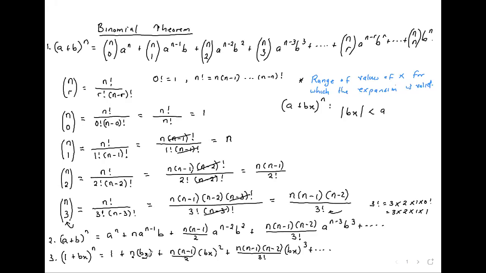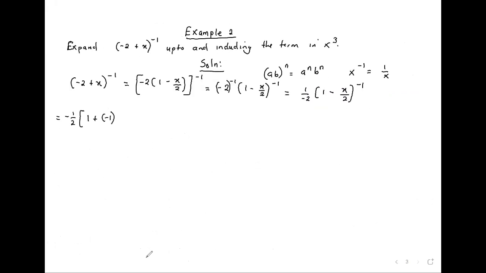The other part is just following because it's a 1, 1, 1, 1. So our bx is -x over 2 plus -1, -1 minus 1 over 2. Bx squared is (-x over 2) squared plus -1, -1 minus 1, -1 minus 2 over 3 factorial.